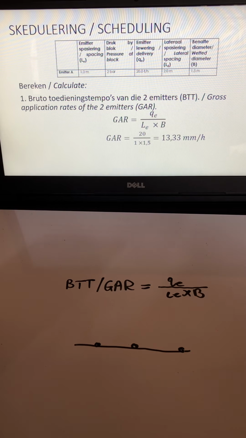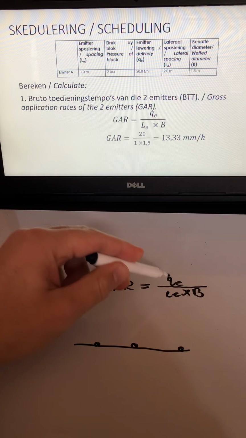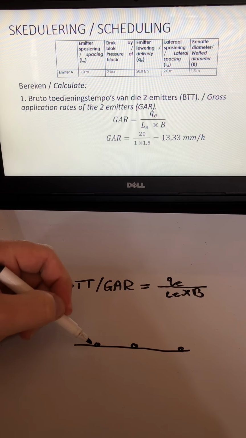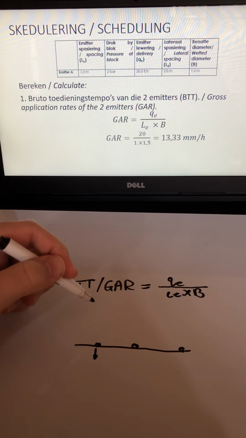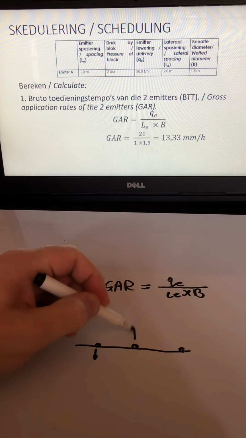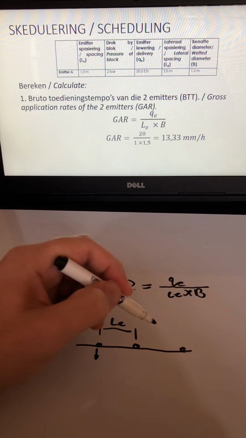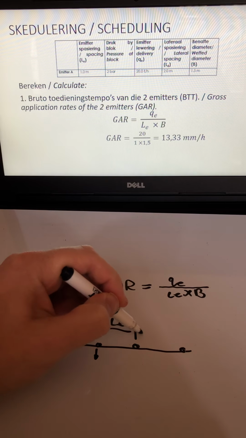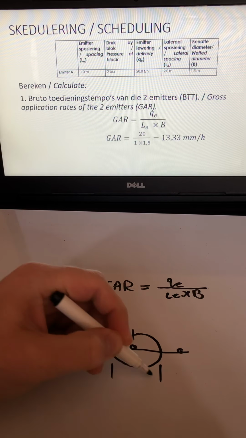So in order to determine the rate at which water is being delivered to the plants or to the soil, that QE refers to the rate at which the water comes out of the emitter, and the LE, emitter spacing, refers to this, and then B, the diameter, wetted diameter, refers to that.